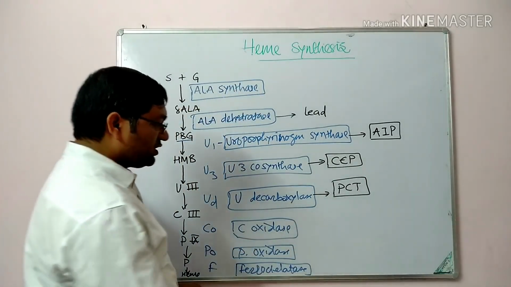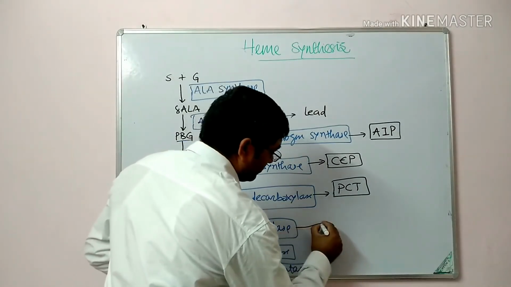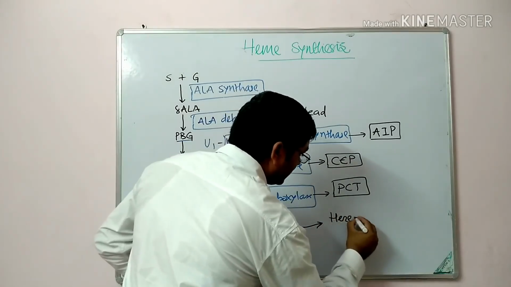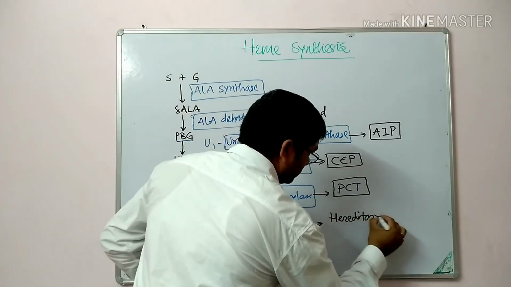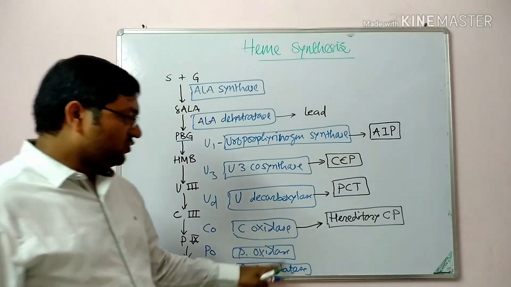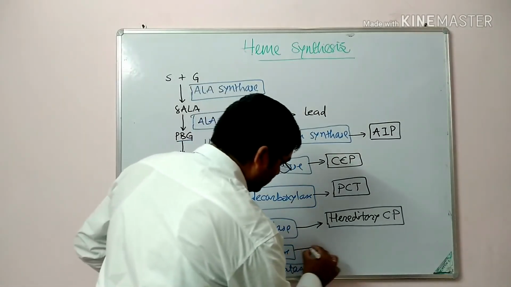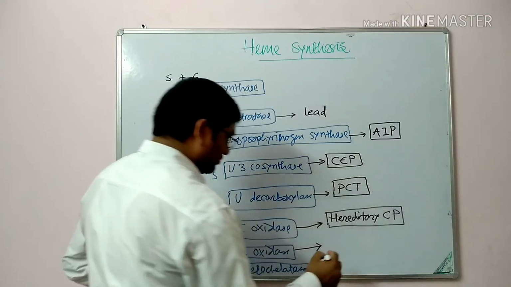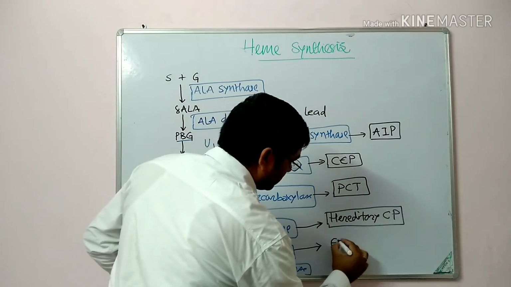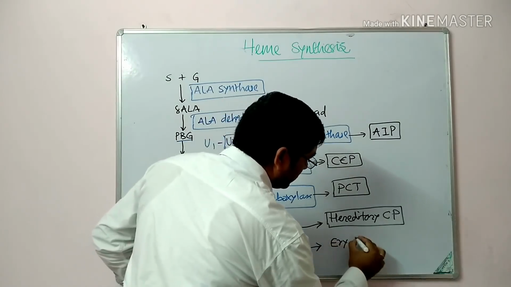Then coproporphyrinogen oxidase, a mitochondrial enzyme, its deficiency leads to the disorder known as hereditary coproporphyria. Then next one is the protoporphyrinogen oxidase.